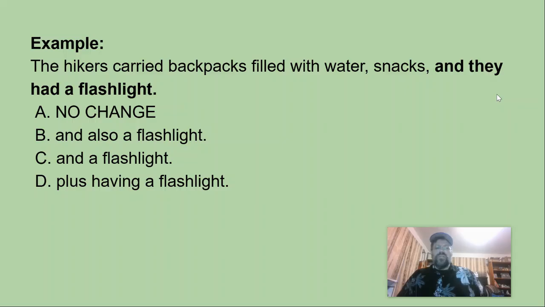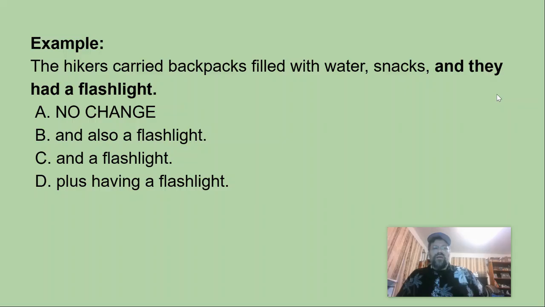How about "they carried water, snacks, and a flashlight, plus having a flashlight"? Well, let's look at some of those wordy ones, "and also a flashlight." So that's kind of repetitive there. They say, "and they had a flashlight." Is that no change? Well, let's take a look at the parallel part of it. "Filled with water, snacks, and they had a flashlight."